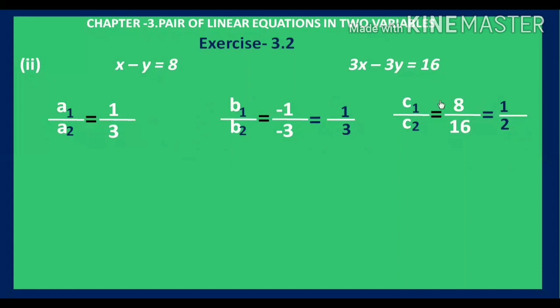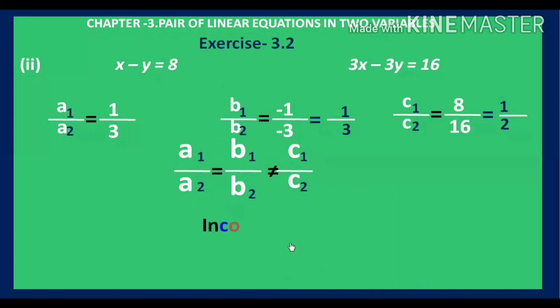If you compare, you can see a1 upon a2 and b1 upon b2 are equal, and not equal to c1 by c2. So it is the third condition: when the two ratios are equal but not equal to c1 by c2, the system is inconsistent, and there is no solution. So the system is inconsistent, so this second part is completed here.